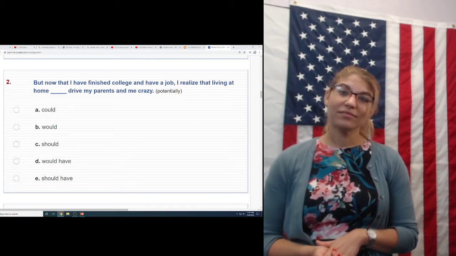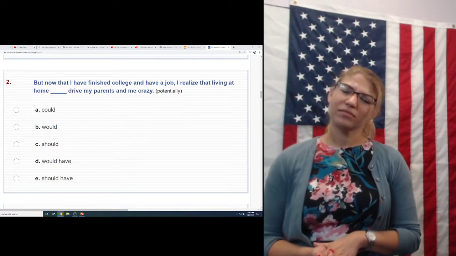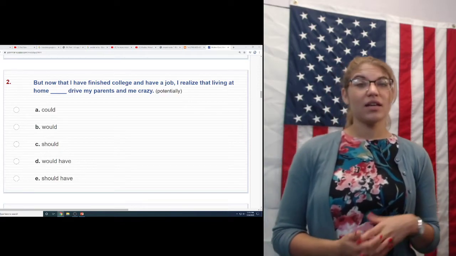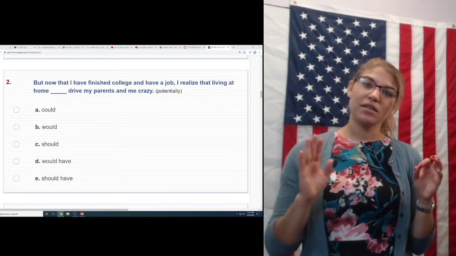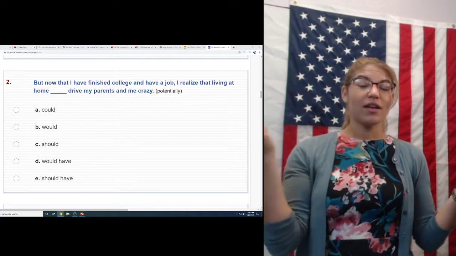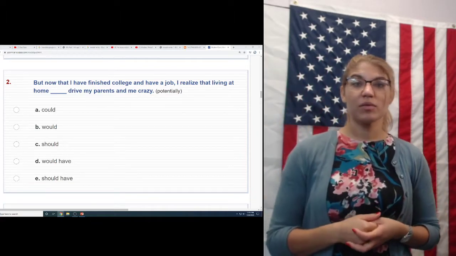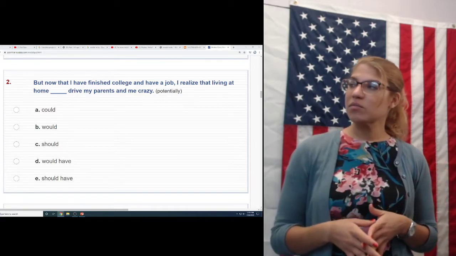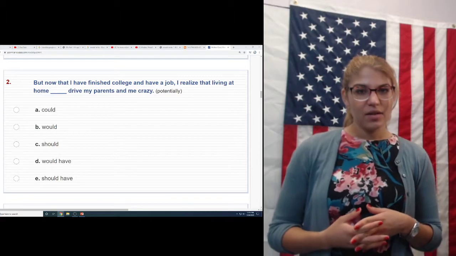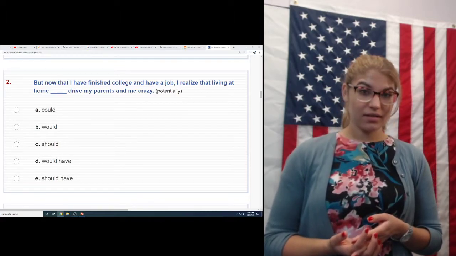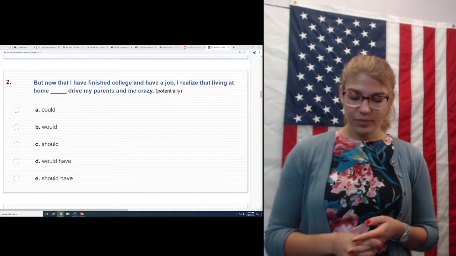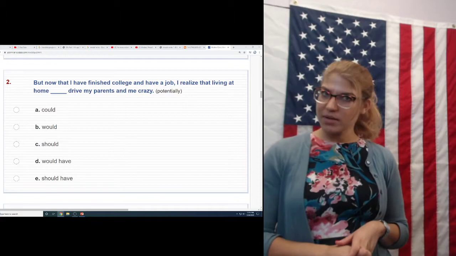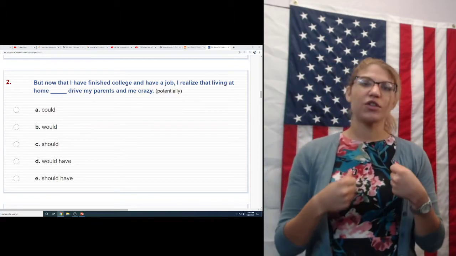Can and will, right? Can and will. Can, could, will, would. Ah, yeah. So can in the possibility is could, and will as a possibility is the word would. Would is more certain. If you say, it would be this, it's a possibility, but it is more secure.